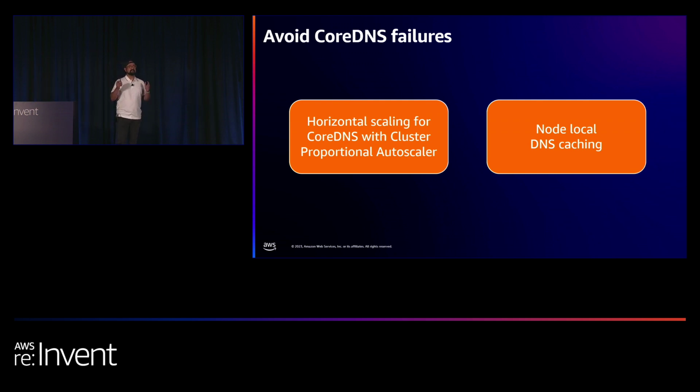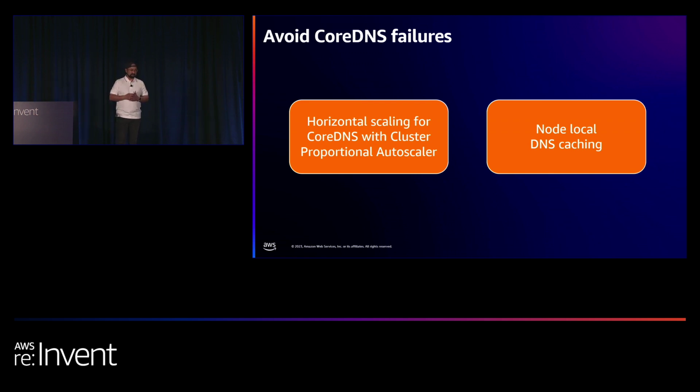But when it comes to running thousands of nodes, those 2 pods are not enough to provide the service to the rest of the pods. To avoid the situation with this cluster proportional autoscaler, you can horizontally scale CoreDNS pods based on the size of the worker nodes that you are spinning up.